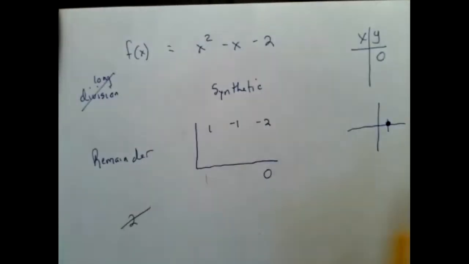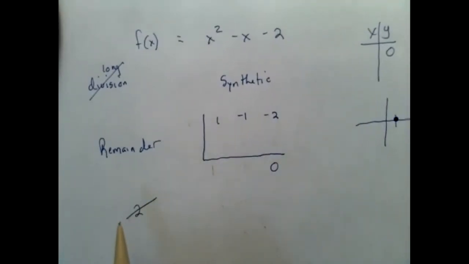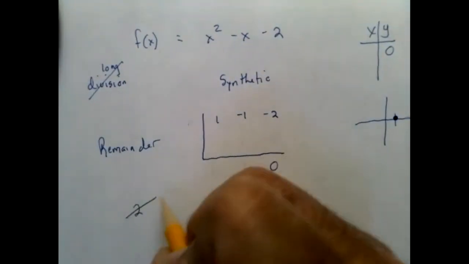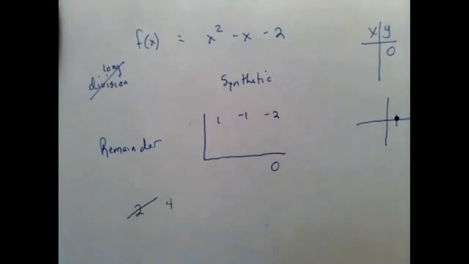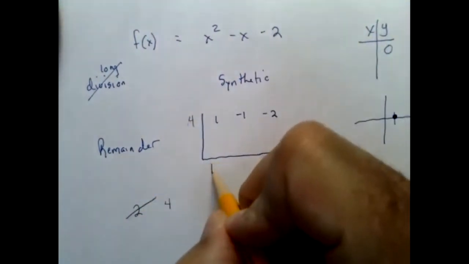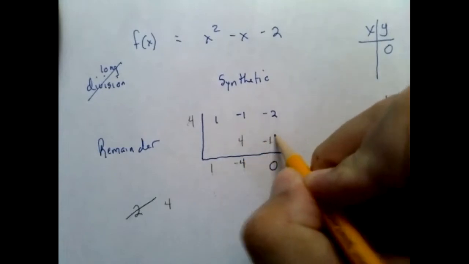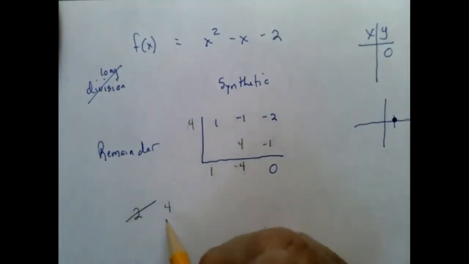But we have a lot of integers to go making guesses here. Somebody guess another number. 4. We're going to try 4. 1, 4, -4. You're out.